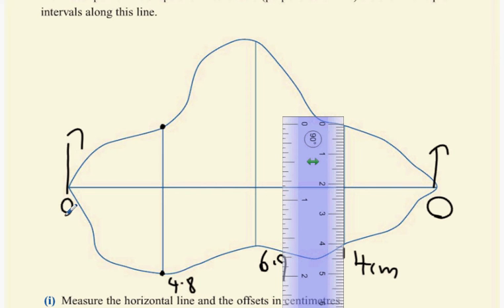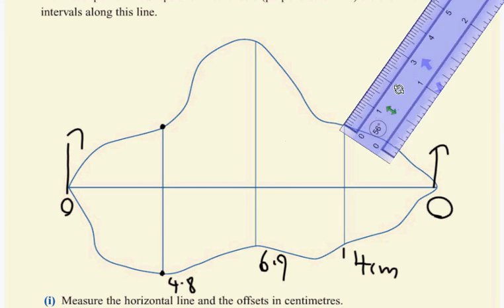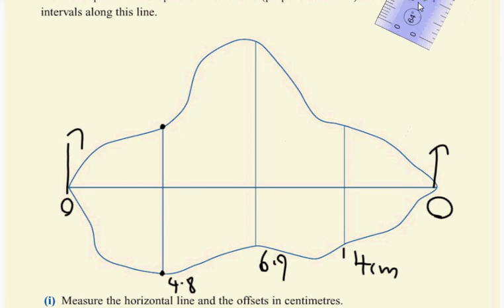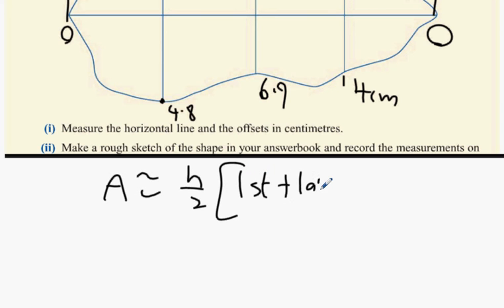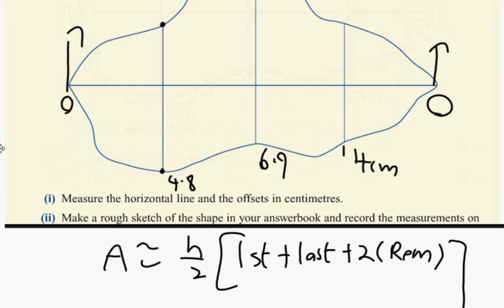Okay? So then, what you do next is you get the area. Area equals h over 2 firsts plus lasts plus 2 times the remainders. Oh yeah, I did the width now. Thanks, Dennis. Okay, you also measure the width. I'll just ask you guys for what you got yourselves.